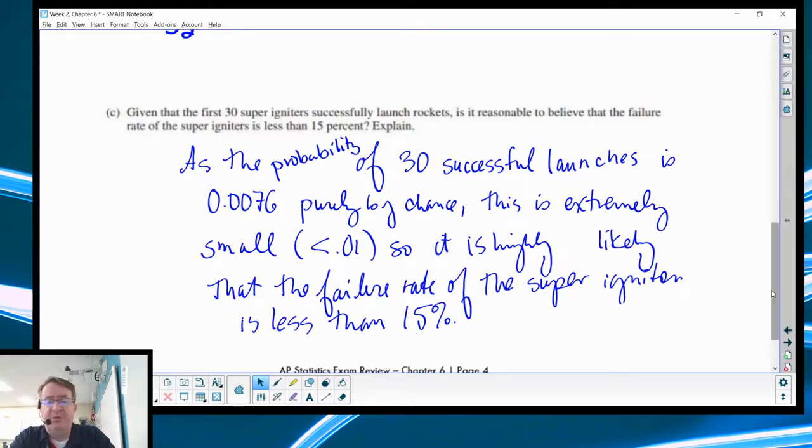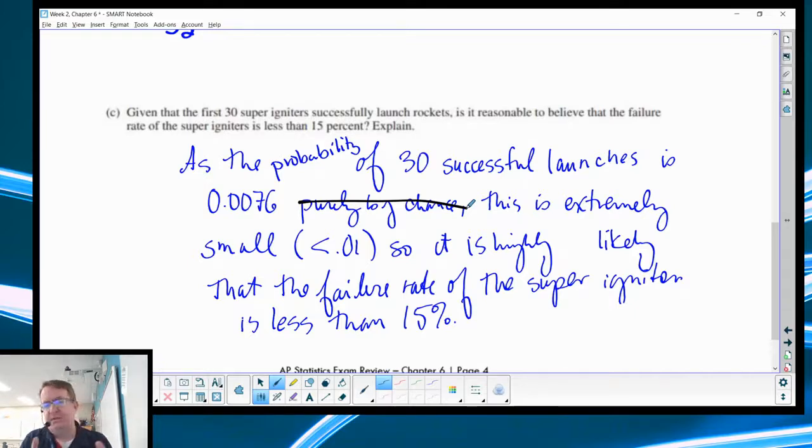The probability of 30 successful launches is 0.0076 purely by chance, which is extremely low, less than 1%, or you could even say less than 5%. It is highly likely that the failure rate of the igniter is less than the 15% that's assumed. Okay, I think I said that correctly.